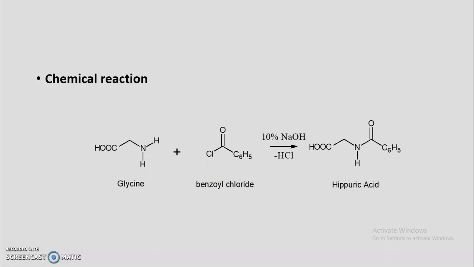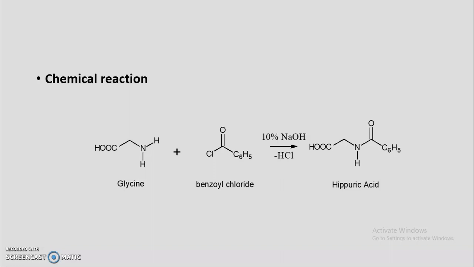This reaction cannot be completed by simply mixing an acid with the amine functional group, so it is necessary to convert the acid into a more suitable derivative like an acid chloride.